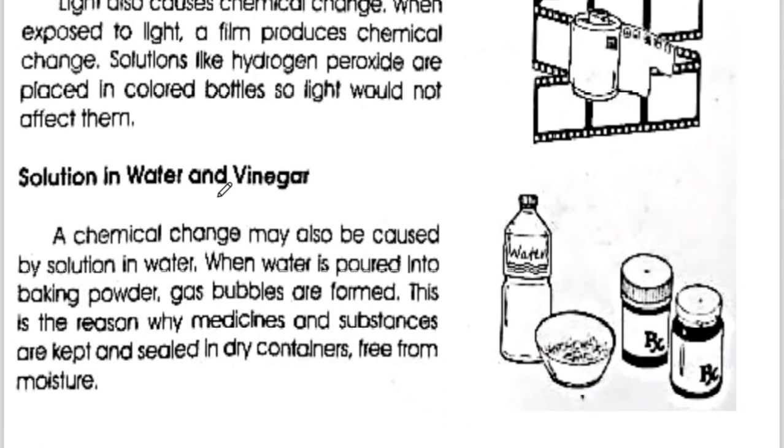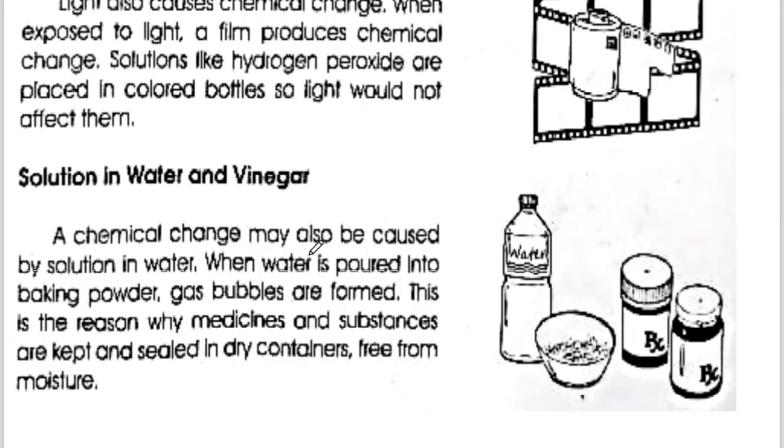Next, solution in water and vinegar. A chemical change may also be caused by solution in water because when water is poured into baking powder, gas bubbles are formed. You may also try this one at home if you want to. It is a kind of experiment.